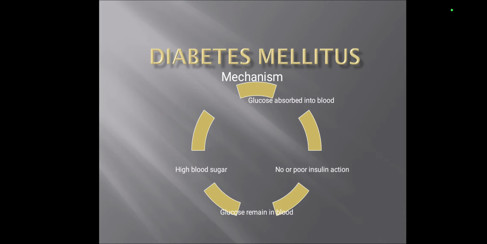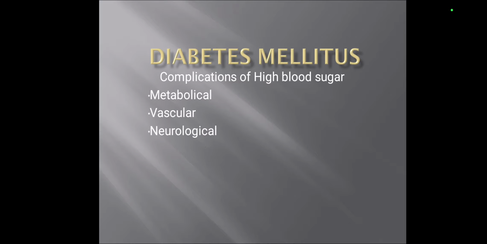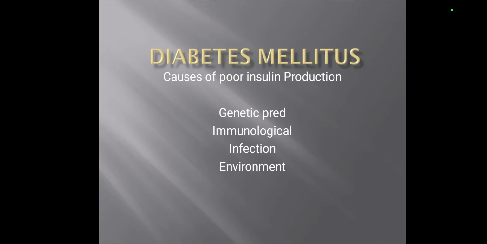Because there's no or poor insulin action, glucose will remain in the blood, thereby causing high blood sugar. The complications of high blood sugar are metabolic, vascular, and neurological complications.